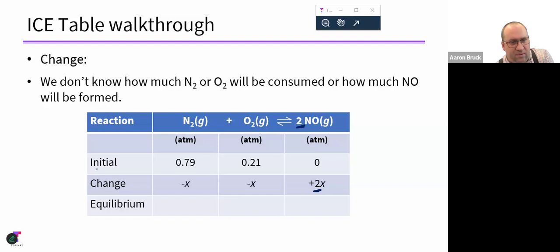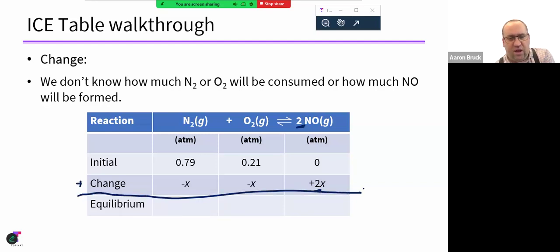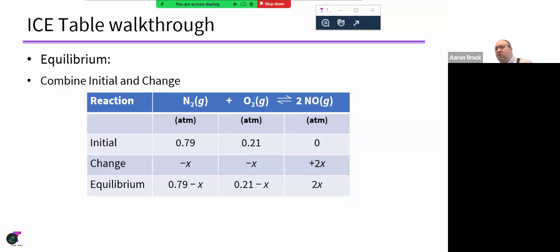Since equilibrium is equal to the initial plus the change, I would add these 2 rows together, and that would give me my equilibrium set of conditions.